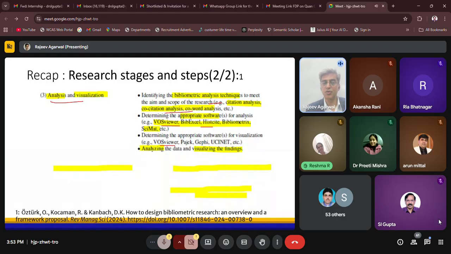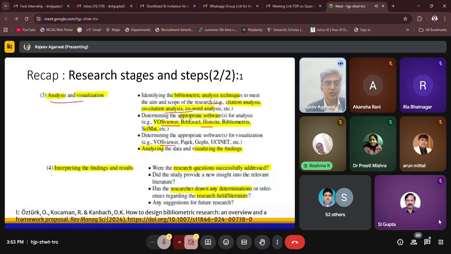Just now I told you how to use it, how to download, how to conduct. Then you need to interpret the findings: was the research question successfully addressed? Has the researcher drawn any determination regarding the field literature?